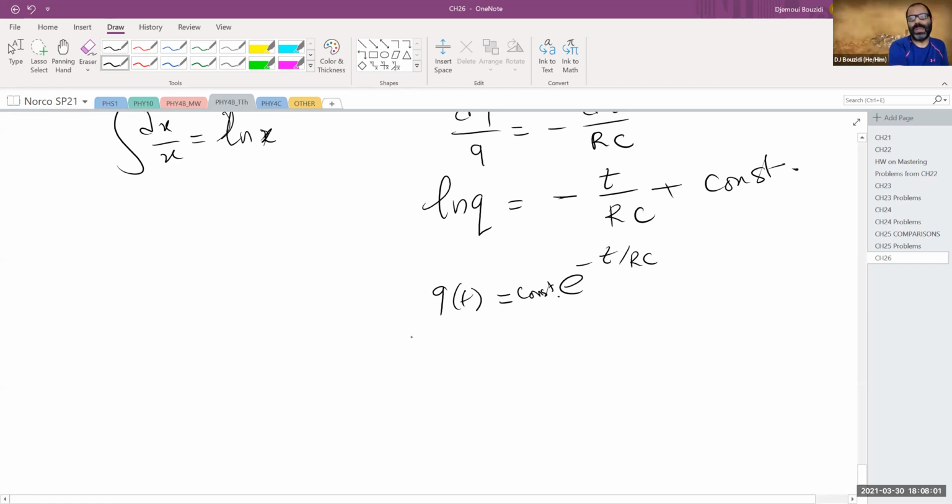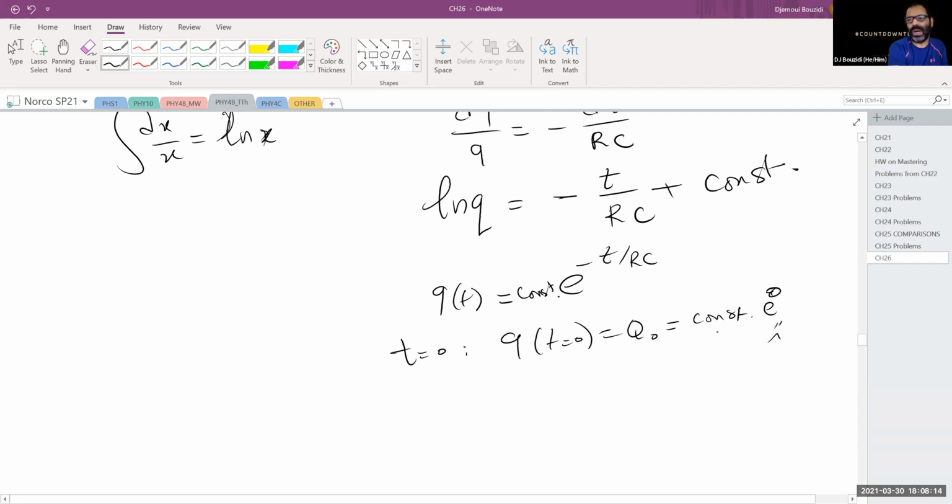So we know at t equal to 0, Q sub 0 was the initial charge. So this is equal to a constant times the exponential of 0, and that is 1. So the constant is equal to Q naught. So this expression, Q of t, then becomes Q naught times the exponential of minus t over RC.